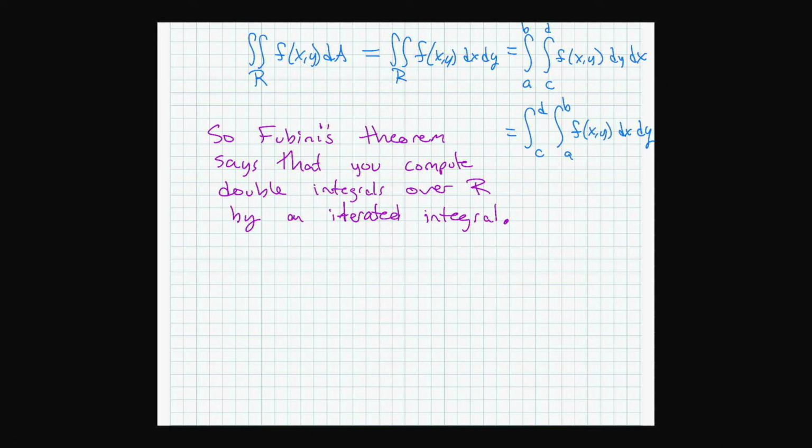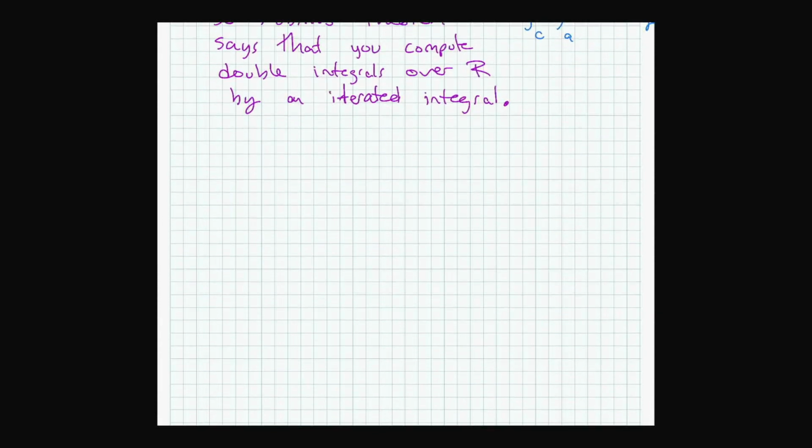So let's see here. We've already done one iterated integral here. Oh, they're very sneaky here. Okay. So I'm going to go to the homework. I'm going to pick one out of the homework. Where is the homework? There it is. Oh, no, that's not it.